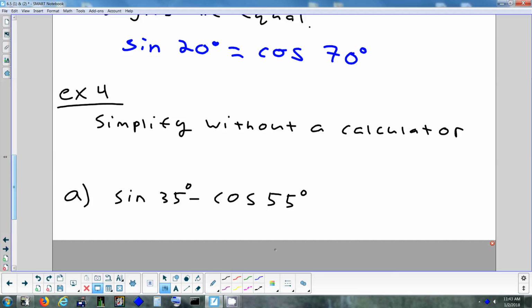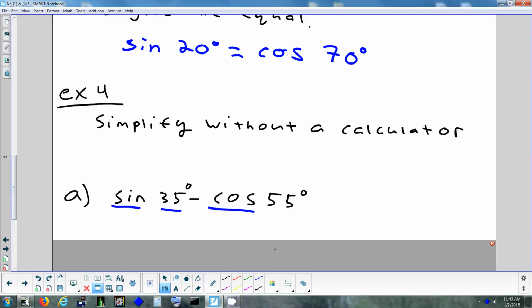Just name them. Sine. Yep. Cosine. Those are co-functions.